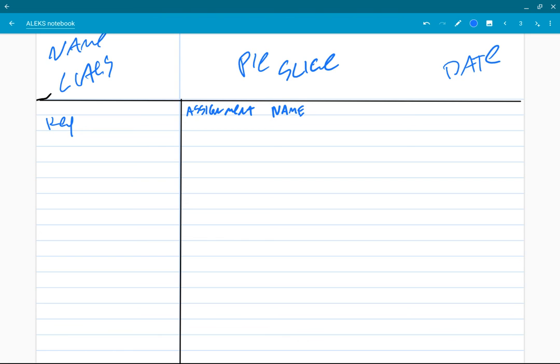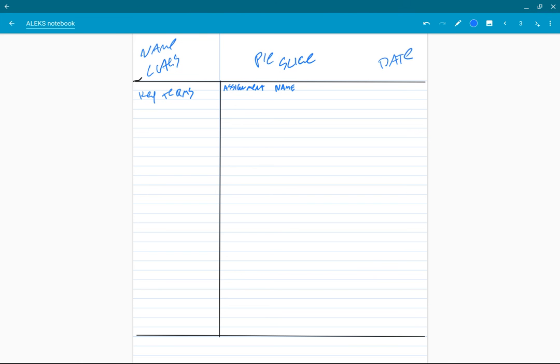Okay. So these are going to be key terms. These are going to be where you take notes. So under the assignment name, you're going to write down your example, the example explanation.